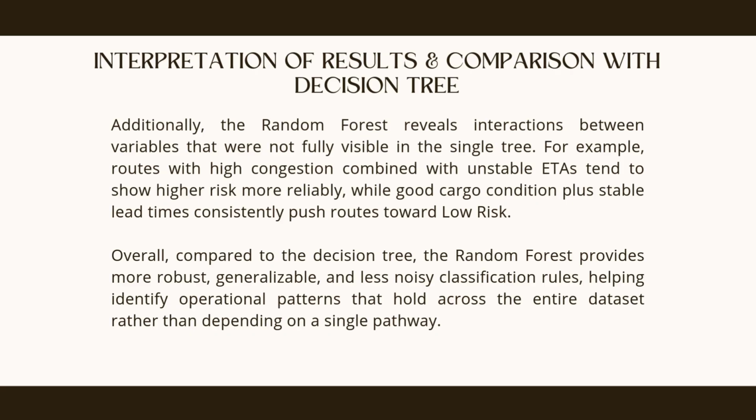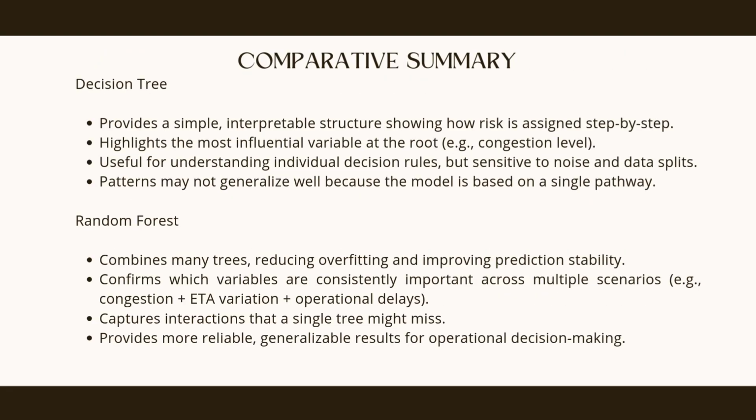The random forest also reveals interactions that were not fully visible in the single trees. Overall, compared to a single tree, random forests provide more robust and less noisy rules and help us identify patterns that hold across the entire dataset.